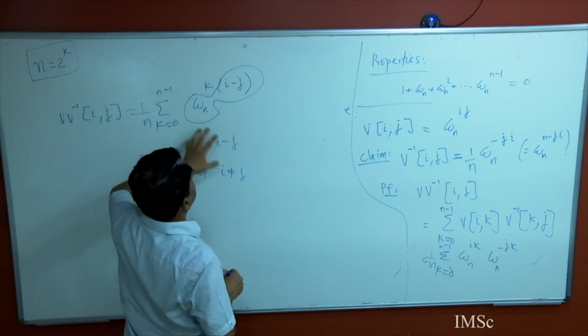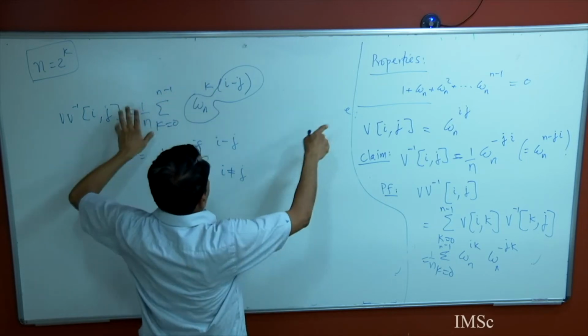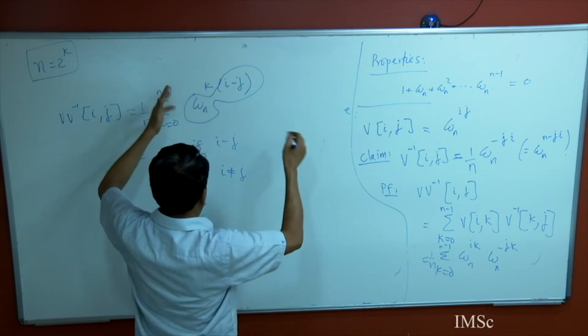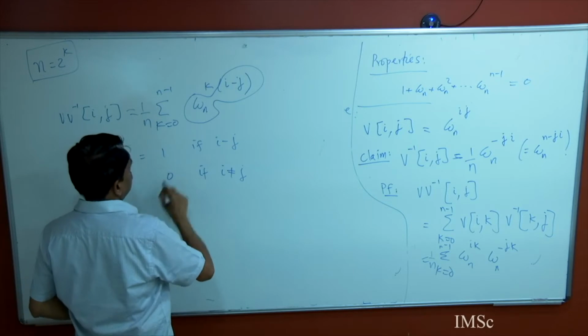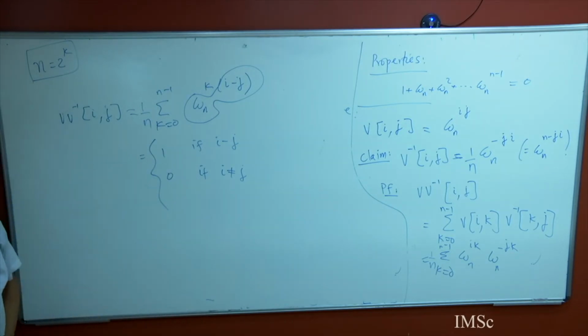The whole thing is this power i minus j to the n, minus 1, over the same minus 1, and the power n kills it into 1 minus 1. So this is 0 if i is not equal to j. So the product is an identity matrix, and that is correctly the inverse matrix.